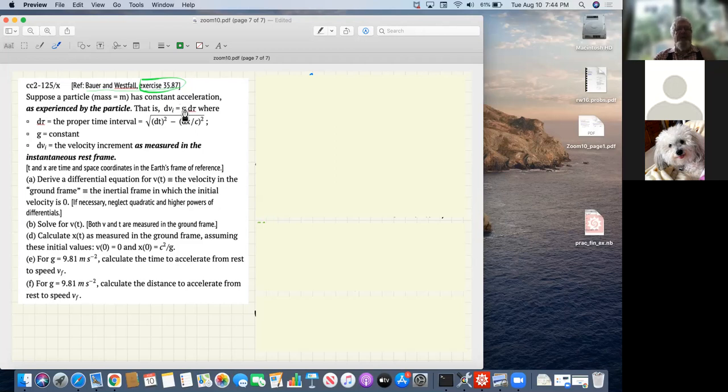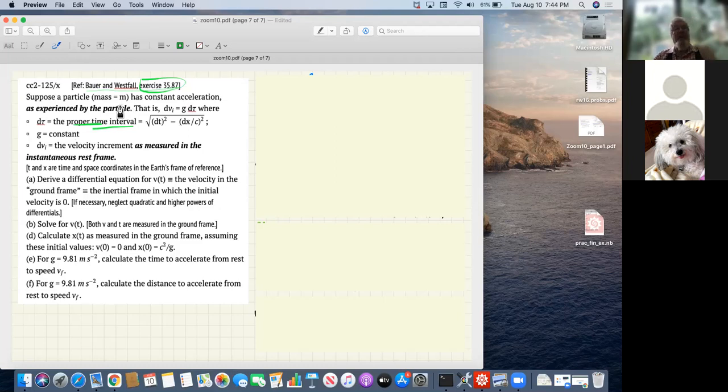It's the acceleration in a frame of reference of the particle. So this d tau is called the proper time interval. It's the time interval in the frame of reference which is at rest with respect to the particle.